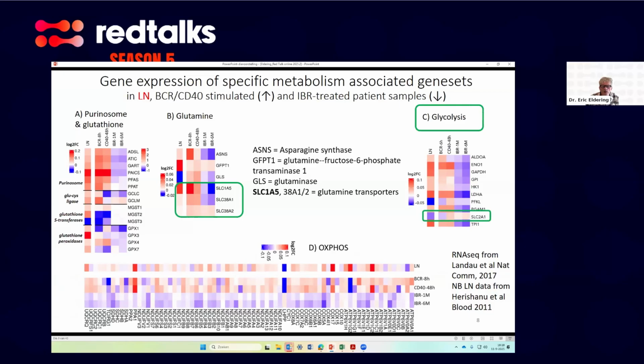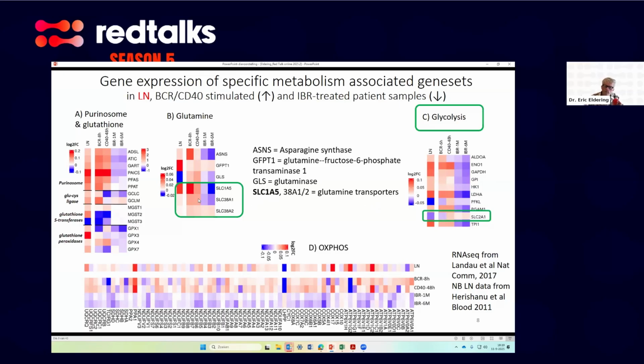And like I said earlier, we would like to focus on glutamine and glycolysis. So we've highlighted here some genes involved in glutamine metabolism and glycolysis over here. And this started our interest in genes with complex names and numbers. We call them SLC1A5, and these are in fact glutamine transporters.